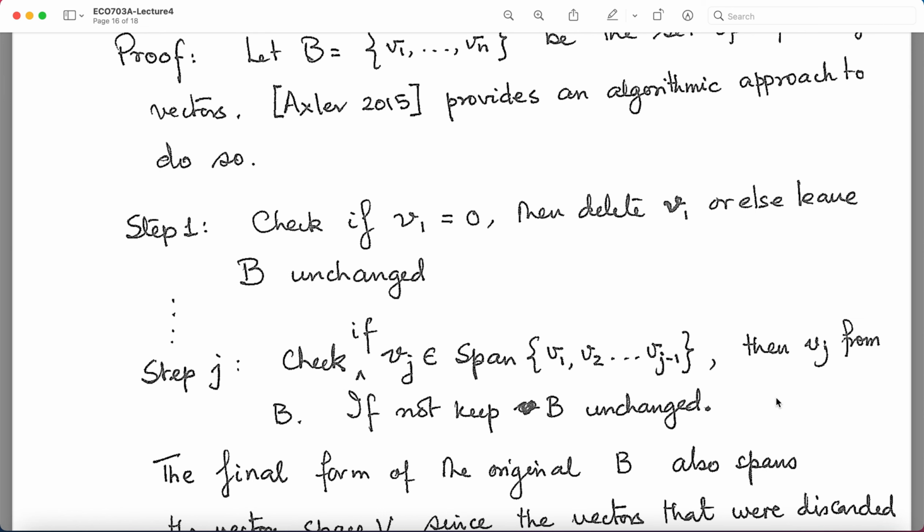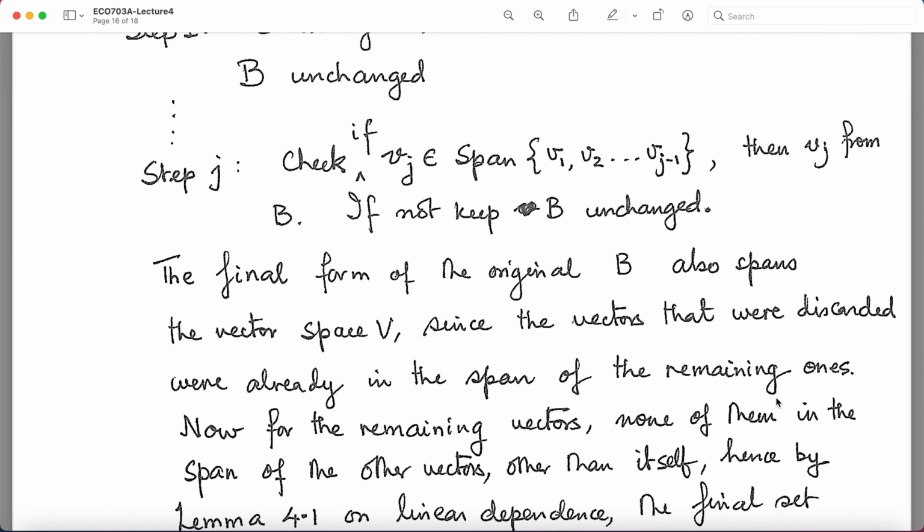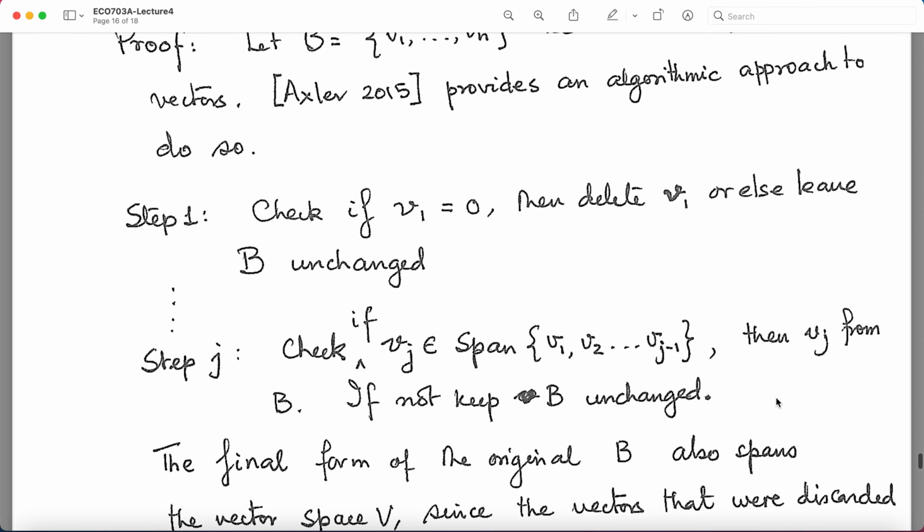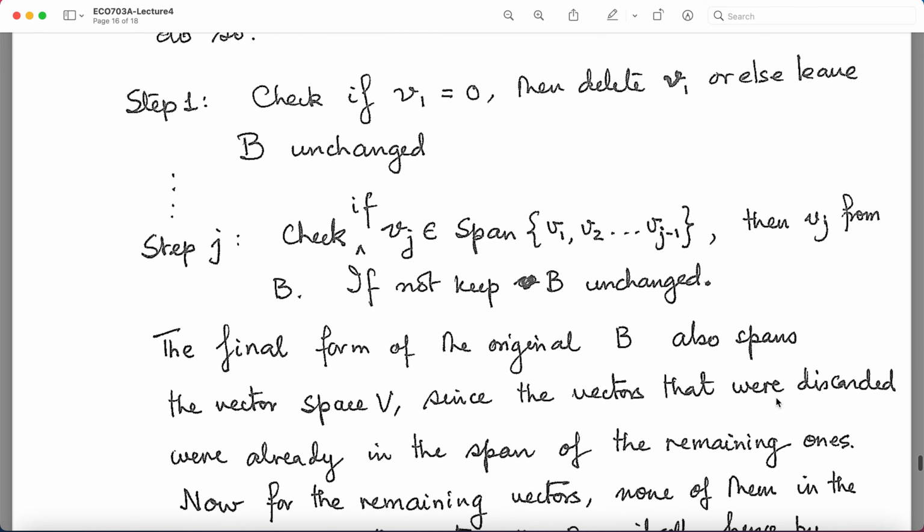So, by the linear dependence lemma of the previous lecture, the span of the original set of vectors and the span of the final set of vectors would be the same.